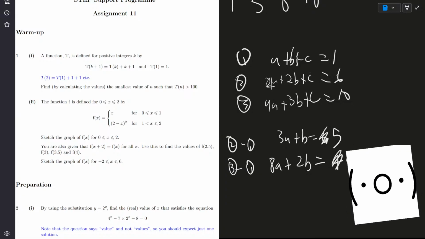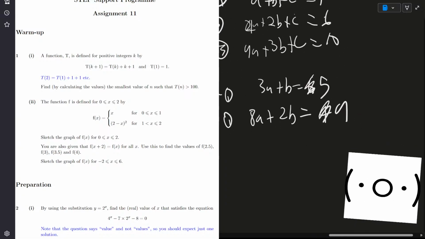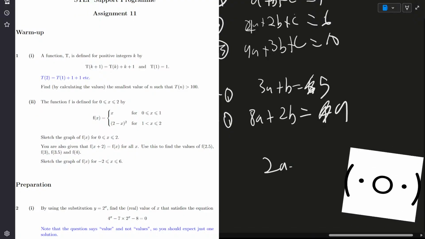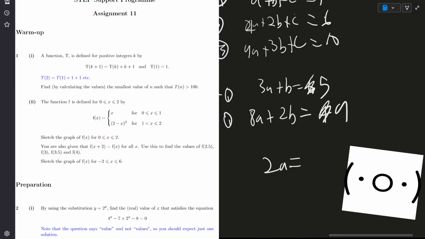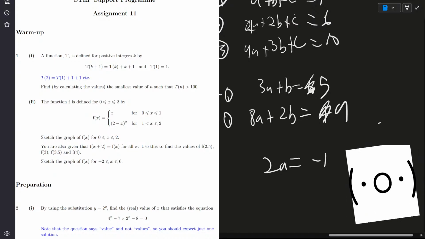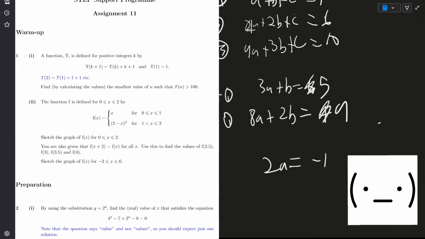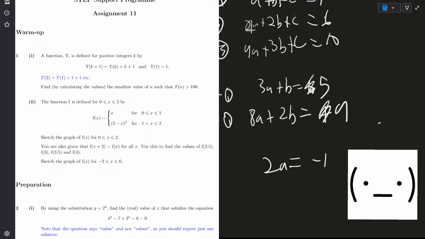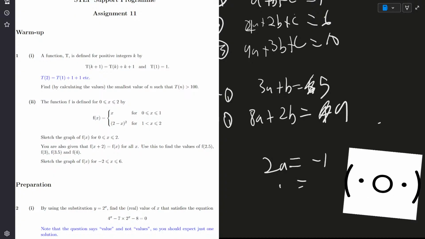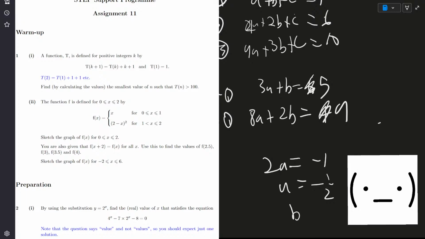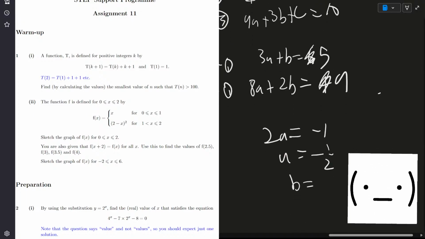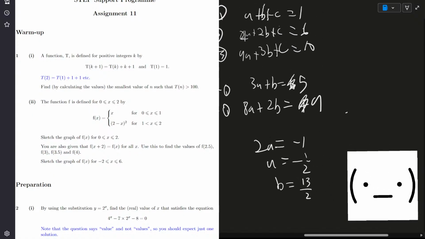This is 3 minus 1. Now we've got that. That's a simple simultaneous equation that we can solve, and doing essentially the same thing again. We now have this equals to negative 1. Is that right? Sort of, I hope. So if a equals negative 1, b equals this number.